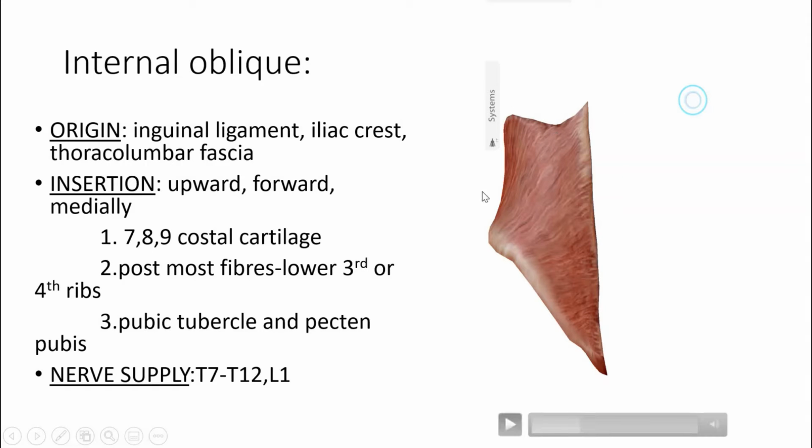The posterior most fibers ascend vertically upward and get inserted into the lower border of 3rd or 4th ribs and their costal cartilage. The fleshy fibers from the inguinal ligament here fuse with the transverse abdominis muscle to form a conjoint tendon, which we'll talk about in the next slide, and they get inserted into the pubic crest and pubic symphysis over here. We'll see that more clearly.